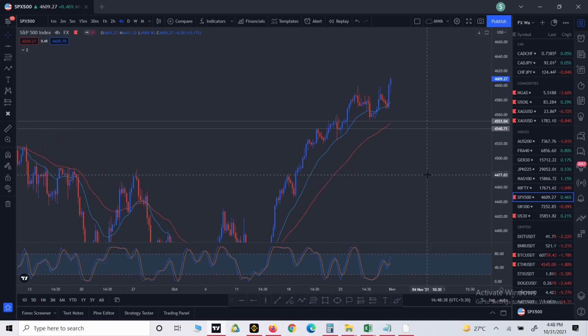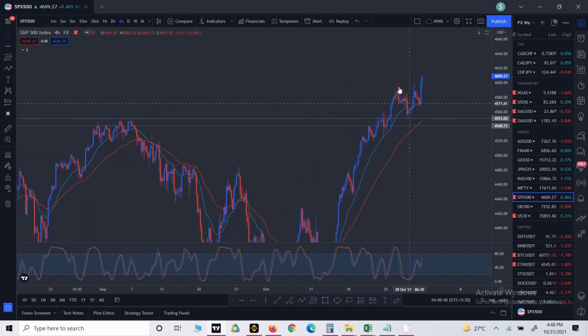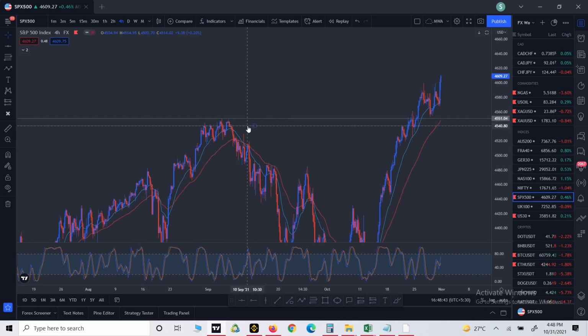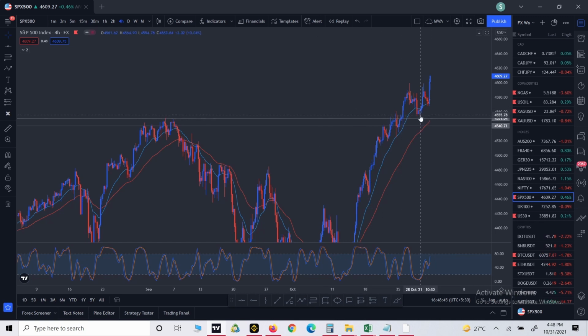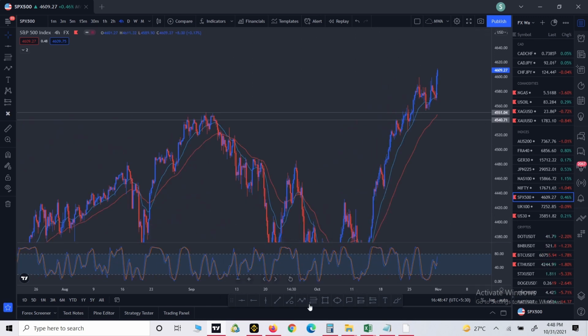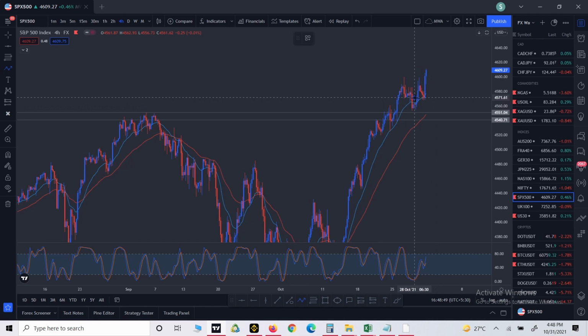Now as we can see here, the price kind of retested the zone, although I expected the price to retest this zone as I marked with these two lines. This is where I expected the price to retest, and that's why I couldn't take trades here. But that is how it happens.